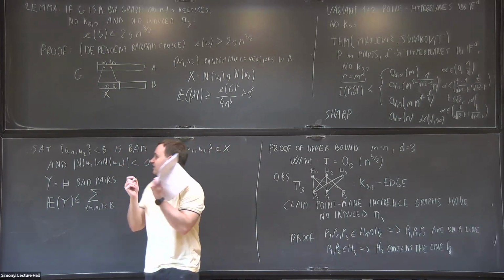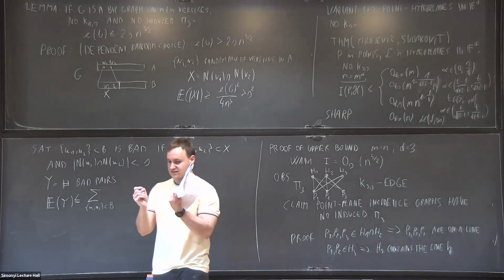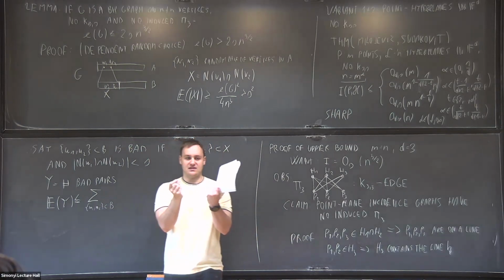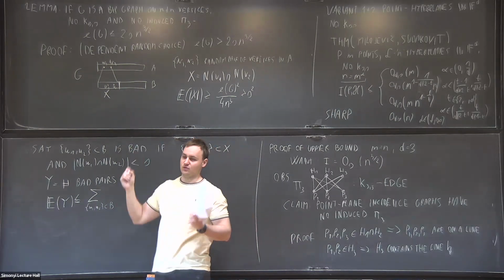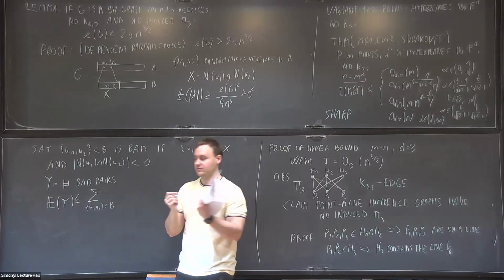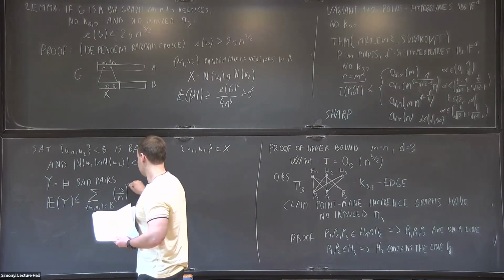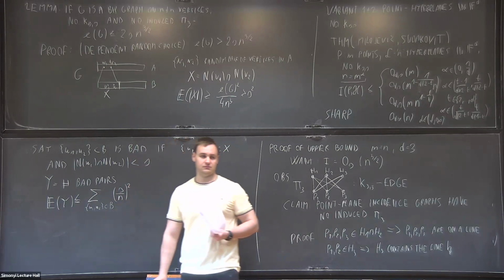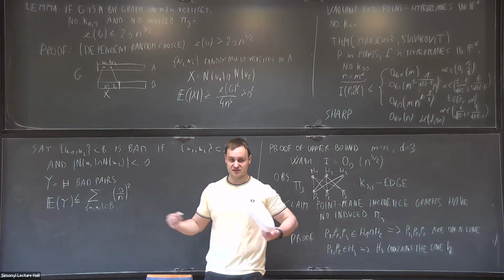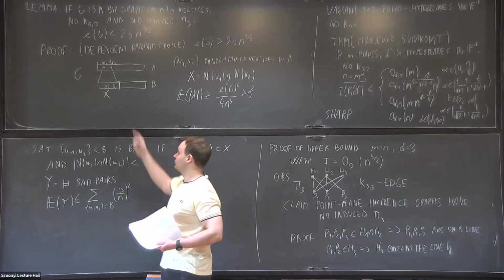But now the common neighborhood of U1 and U2 is at most S. So what's the probability that both V1 and V2 fall into this small neighborhood? This is bounded by S over N squared. So is this clear?